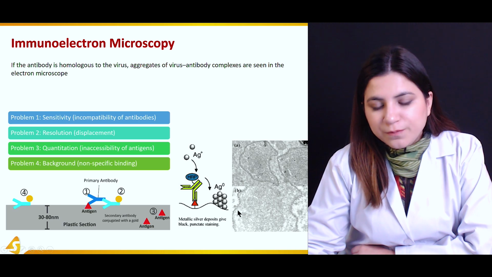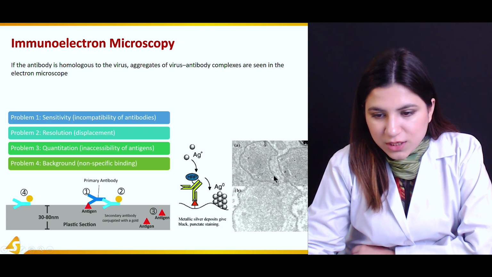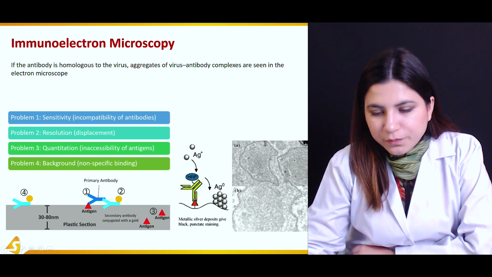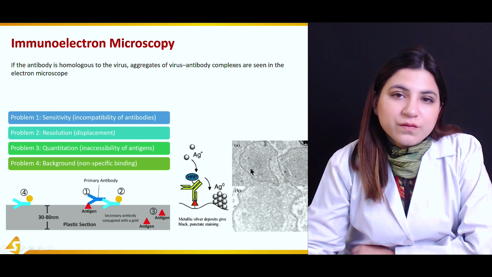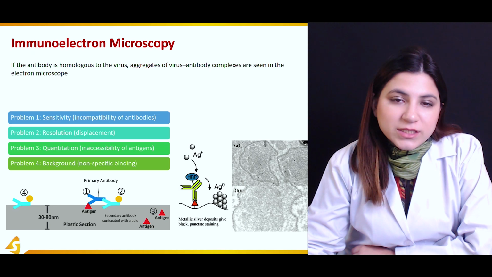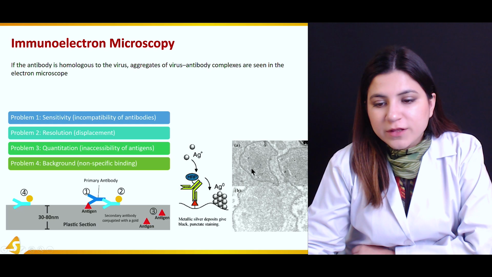As you can see here, there are metallic silver deposits, which are these black spots that you can see inside the cells. These spots show the presence of the viruses that are bound to the antibody, and so they give away the signals that can be visualized under the electron microscope.